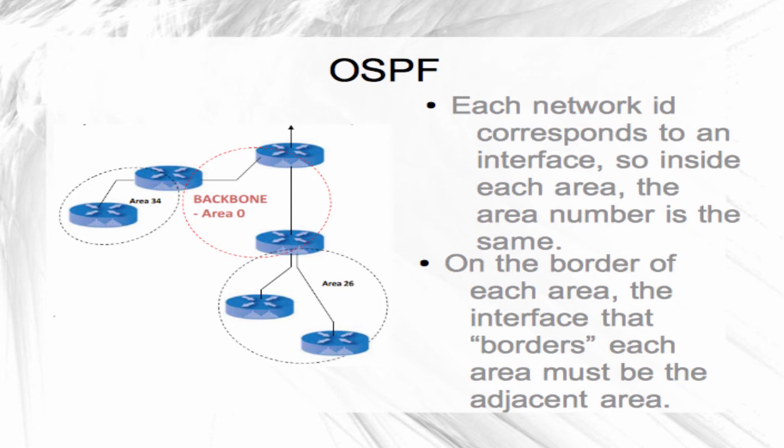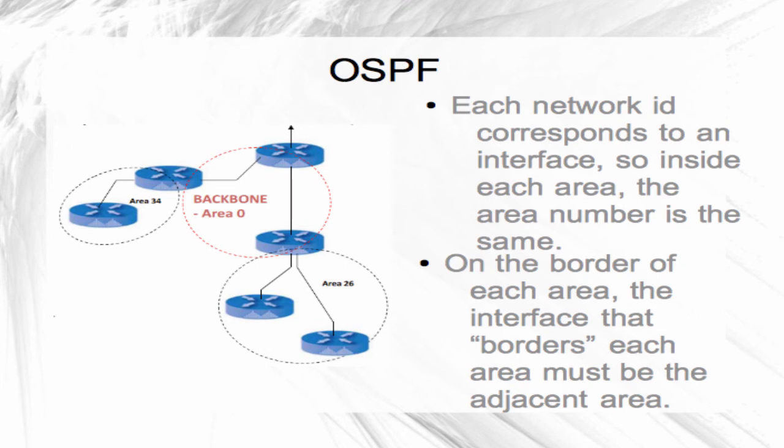Okay, now that one router that's bordering area 0 and area 26, the two lower interfaces are part of area 26. However, the interface that's connecting into area 0 is area 0. Okay, and this is also illustrated from area 34 to area 0.